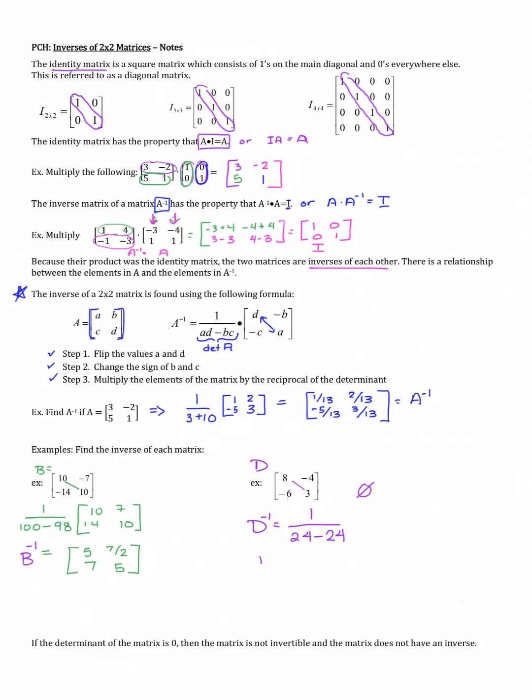So in this case, no inverse is possible. And that is why I always do the determinant first, because it's the determinant that is going to pretty much define whether you have an inverse or not. And you won't have one whenever that determinant equals 0. All right, so we cannot divide by 0.